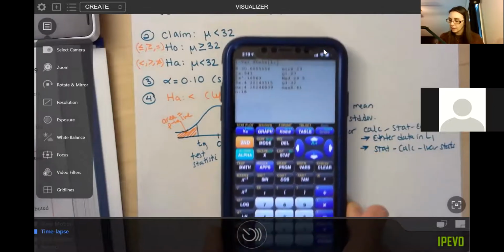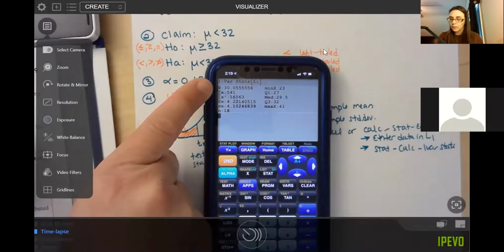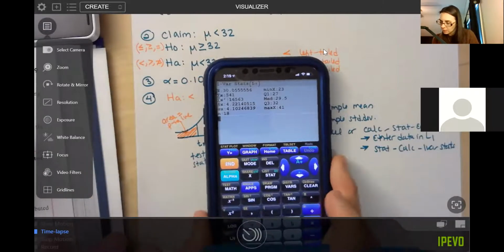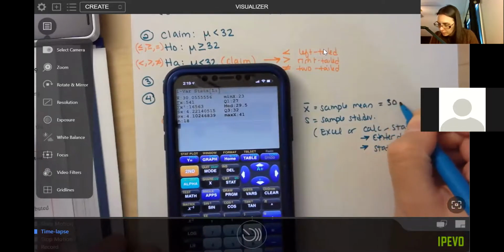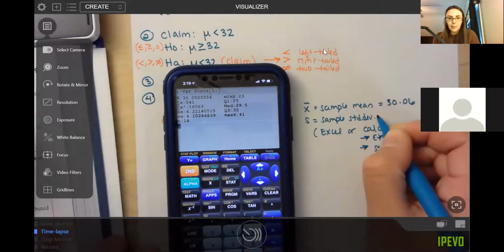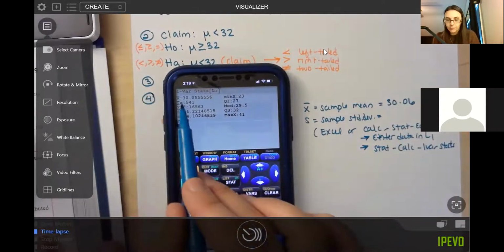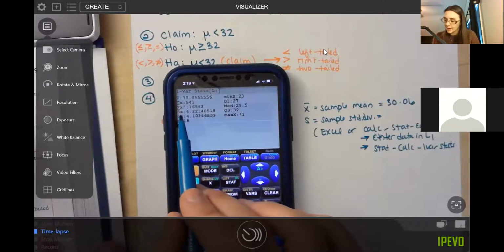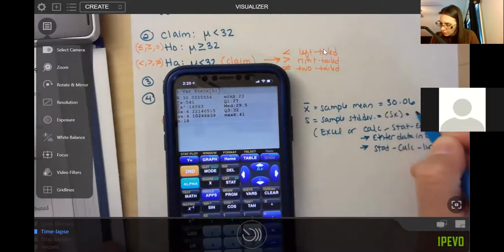So on your calculator, your sample mean is given with the x bar. So I'm just going to round that to 2 decimal places here. And then your sample standard deviation is given with the Sx. It's a little off, Sx. So 4.22.